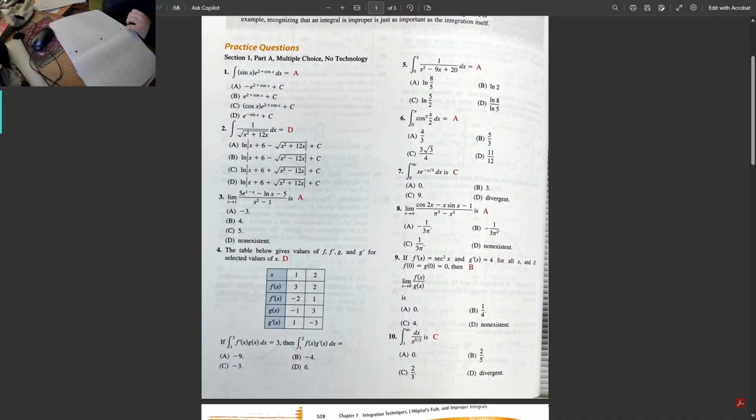We'd have to add 1, so that would be plus 2 over 2, so that would be x to the negative 3 over 2, divided by negative 3 over 2. So that would be negative 2/3 x to the negative 3 halves, which can be rewritten as negative 2 over 3x to the 3 halves.